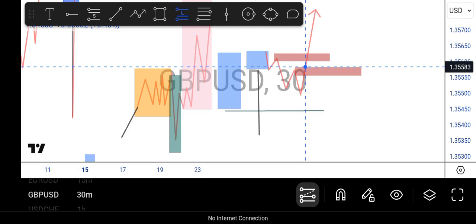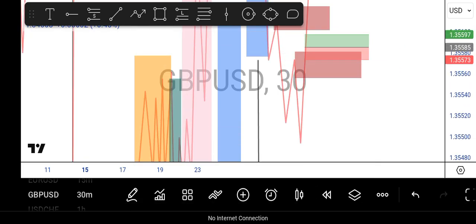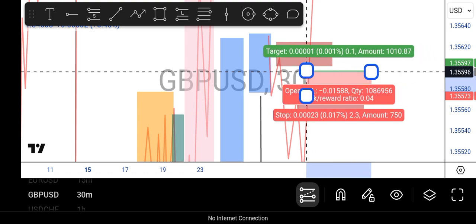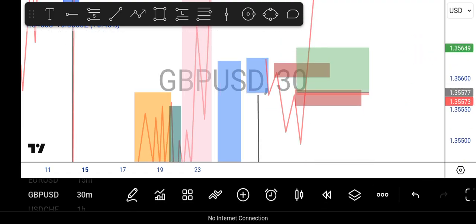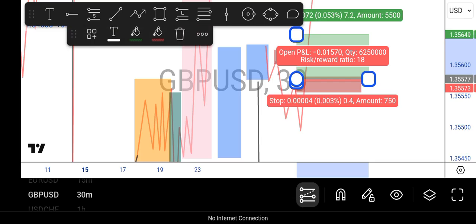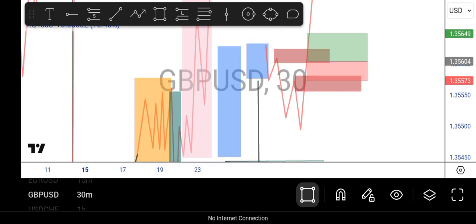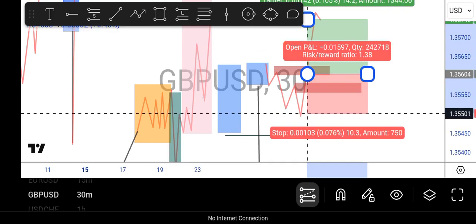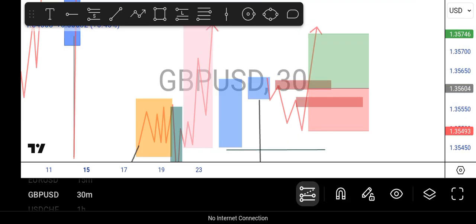If we have a close of candle above here, maybe on the M15, or you can go to 5 minutes, this one could be a long position. You open a long position, so you will have your swing low there.